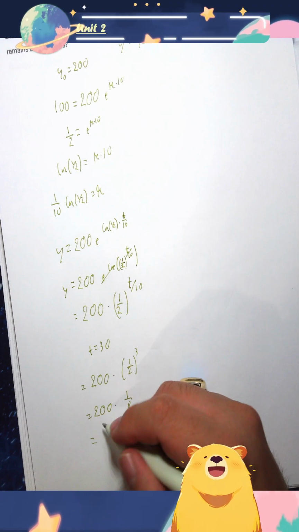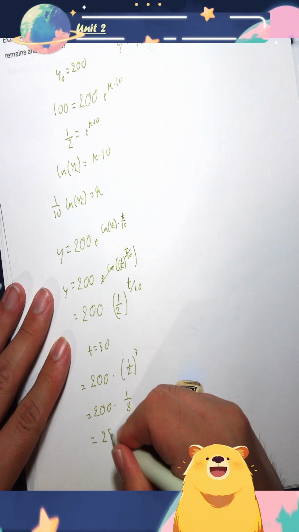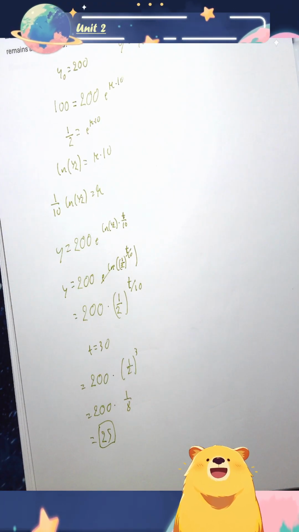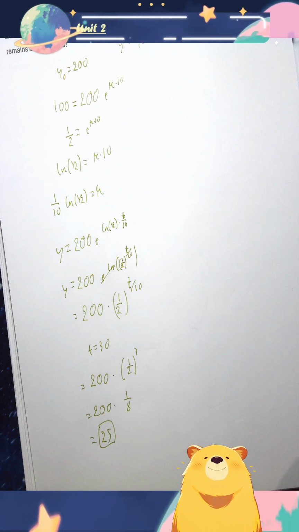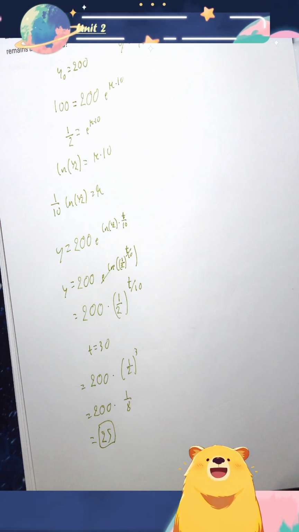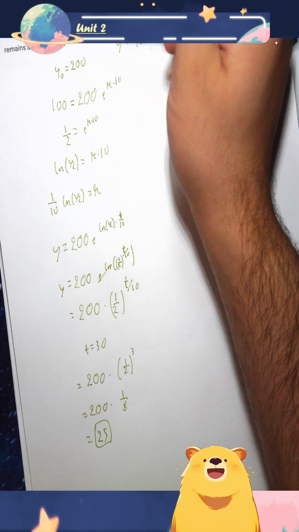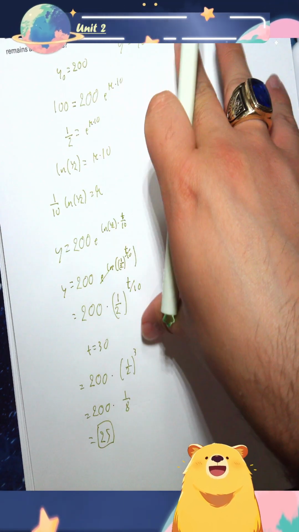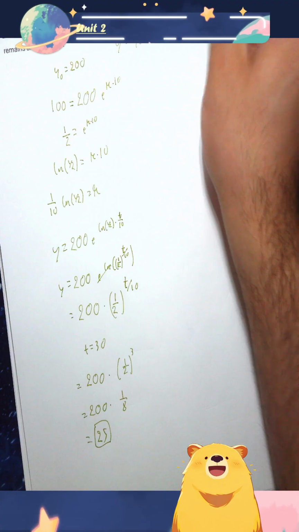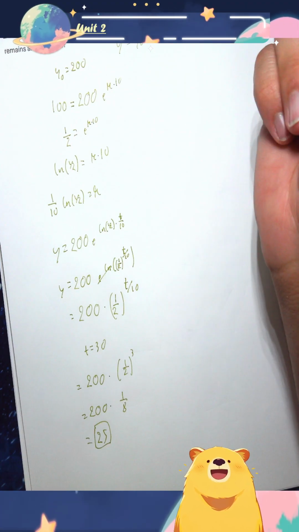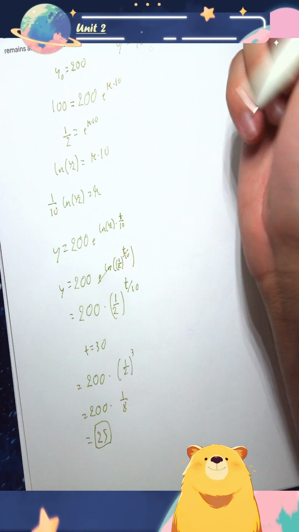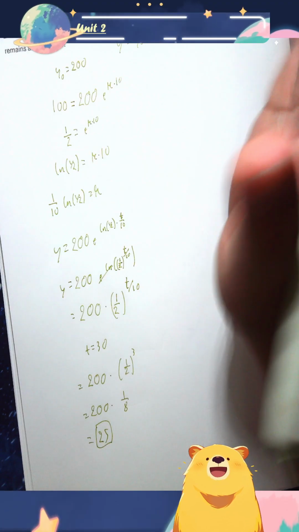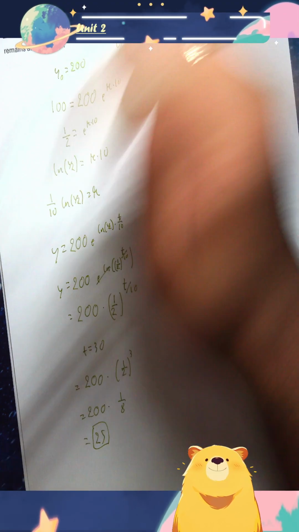Oof, I should have clocked that. My bad. But it's going to be 25. So 25 is left. Now, the only thing I will say here is a key indication of radioactivity is that it decays. So as the properties decrease, it should be less than 200 grams. If for some reason you ended up getting it to where it wasn't that, then we have a technical issue, right? Okay. All right.